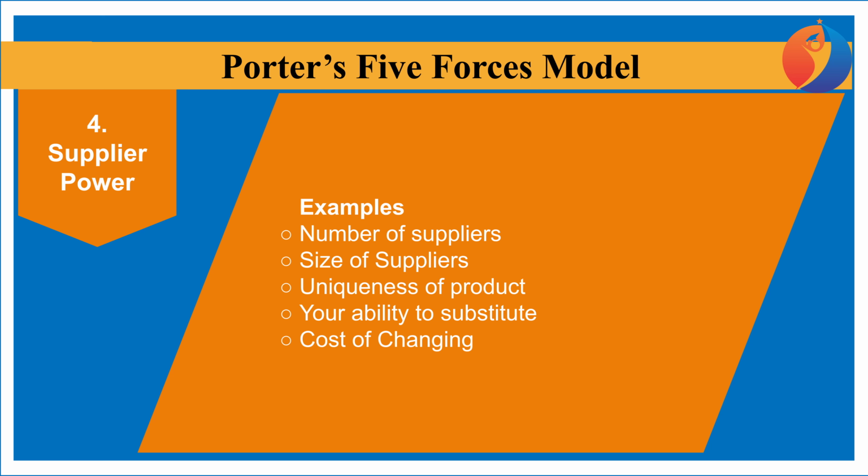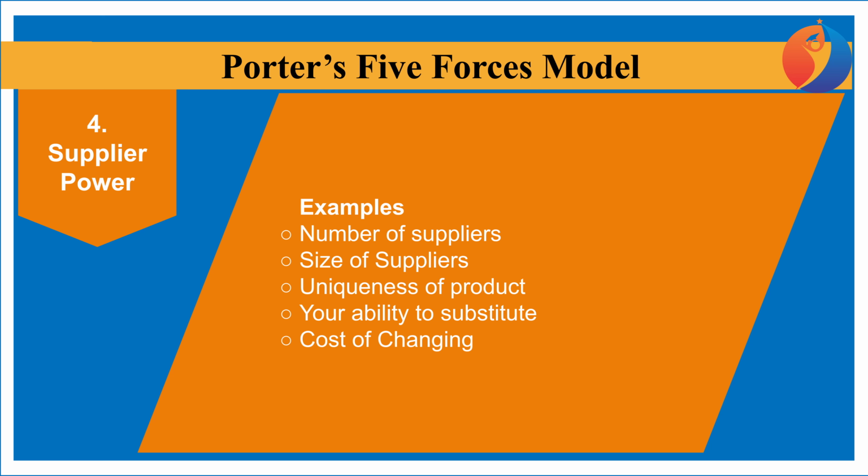Suppliers gain power if they can increase their prices easily, or reduce the quality of their product. If your suppliers are the only ones who can supply a particular service, then they have considerable supplier power. Even if you can switch suppliers, you need to consider how expensive it would be to do so. The more suppliers you have to choose from, the easier it will be to switch to a cheaper alternative.